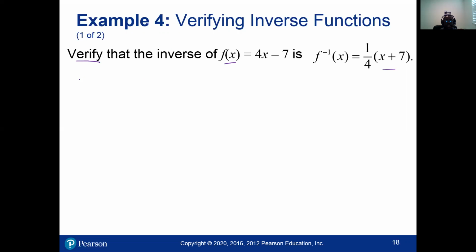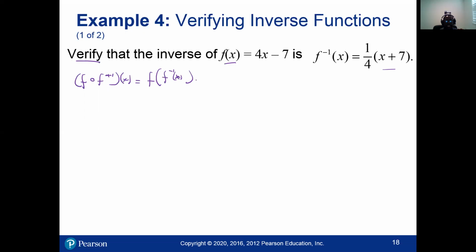To verify, what you do is f of the inverse function. We should do f composed on the inverse function, f of (f inverse of x), like that.